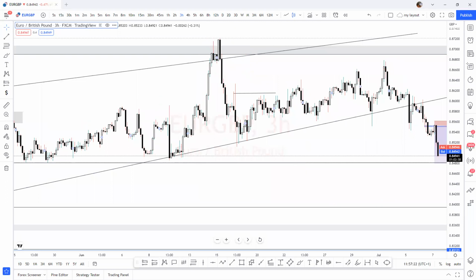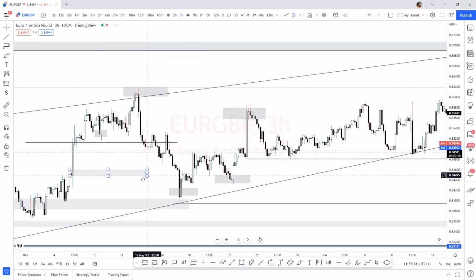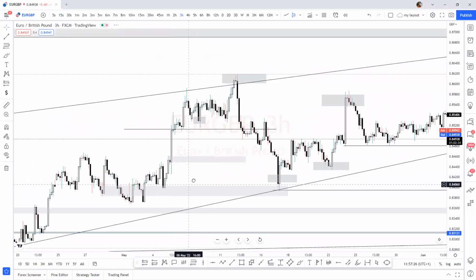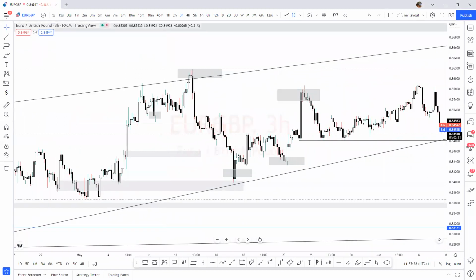Okay, let's look for more examples. Here we have a rally, base, rally. Rally, base, rally. So this base, the last candle, became our base.